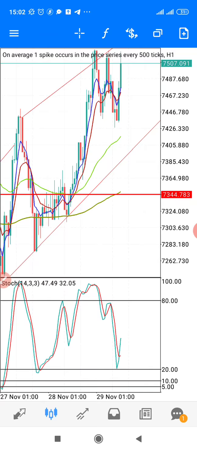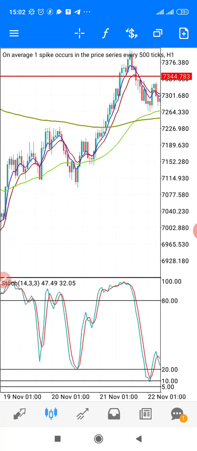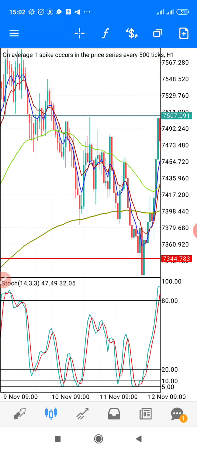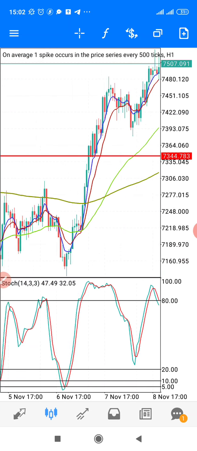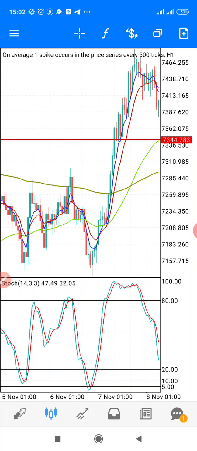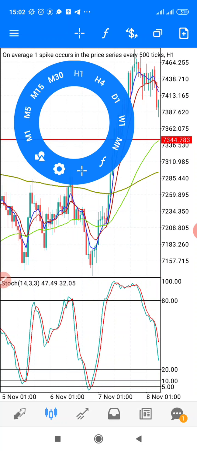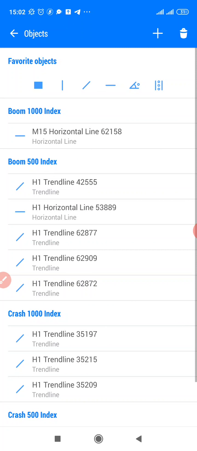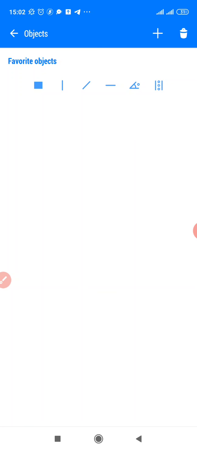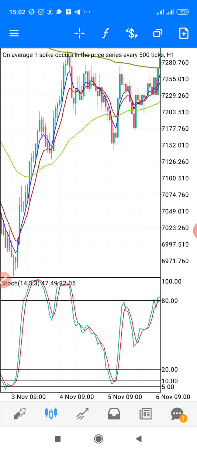All right, so here is your chart. Why are we using this? This strategy is not used for volatility. Pay attention, it's not used for volatility. Let me delete all of my drawings, I don't need them here. Okay, so pay attention.